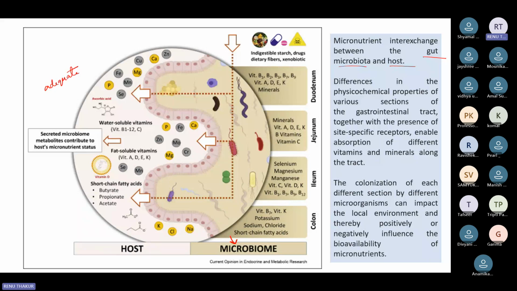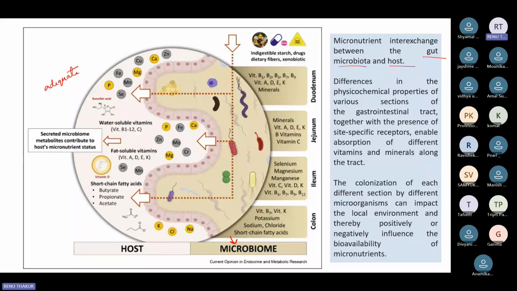Whatever amount is required for the normal functioning of the body, they will synthesize, because their presence is not altered, their environment is normal, so they will perform their metabolic machinery, and they will synthesize what they are designated for. If they are designated to synthesize some vitamins, if you are providing normal conditions, they will synthesize. And secreted microbiome metabolites contribute to host micronutrient status.